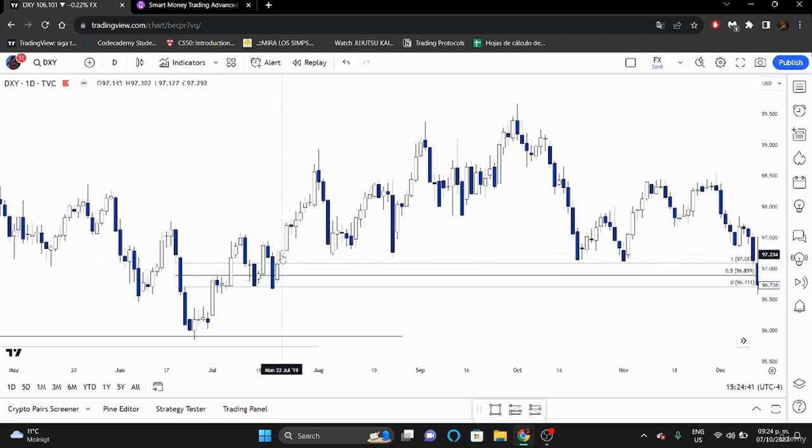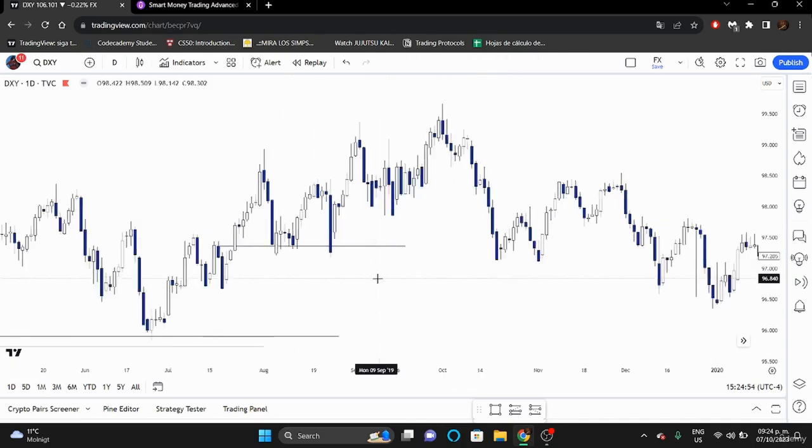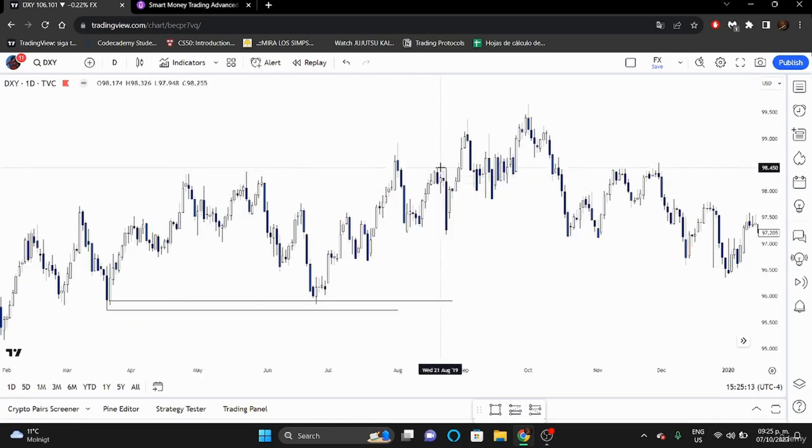And later on, opens again here with a huge gap and trades up, comes to the bullish order block over here, accumulates at the bullish order block again, we displace higher, and I don't understand this kind of price action, what happened on this time period with DXY, but it's kind of weird because it opens, goes down, opens, goes down, opens up here, gapping all the way, every day gaps, the next day gaps, the next day gaps.